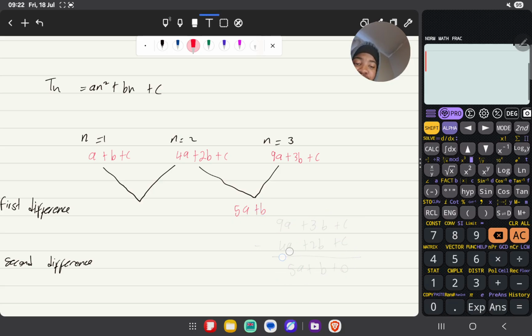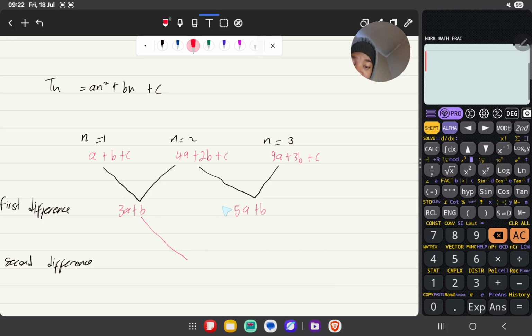Now the difference here: you have 4a plus 2b plus c minus a plus b plus c. You're going to have 0 plus b plus 3a, so you have 3a plus b.